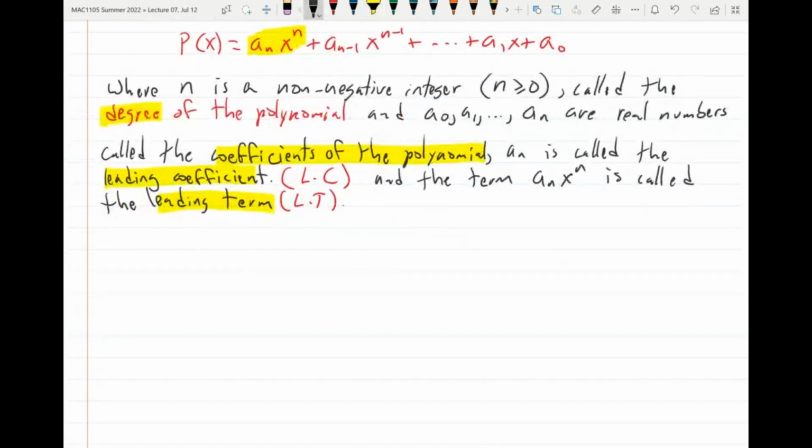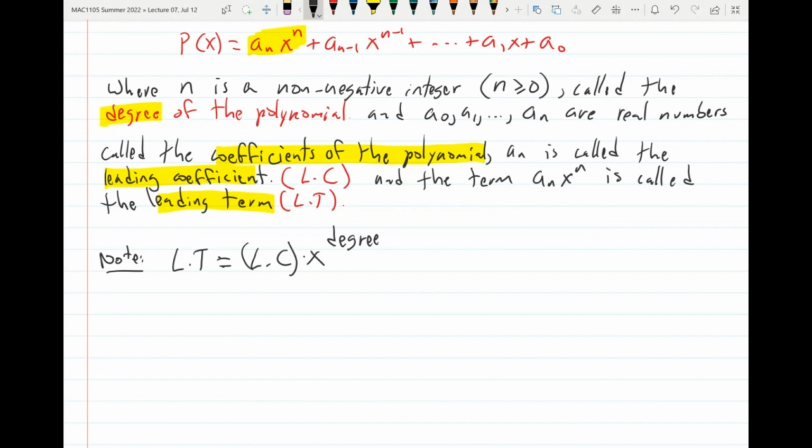Okay? So note, the leading term has the form leading coefficient times x to the degree. Okay? So if you know the leading coefficient and if you know the degree, you know the leading term.